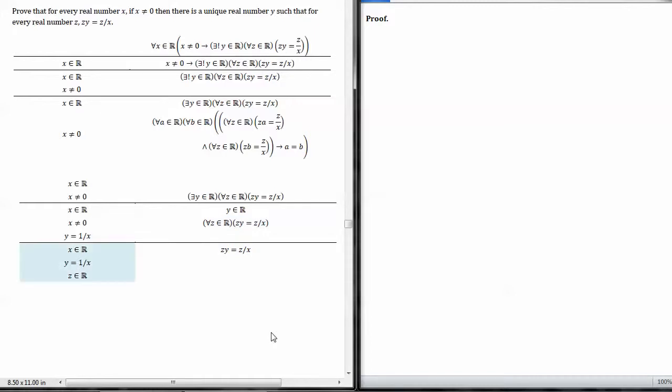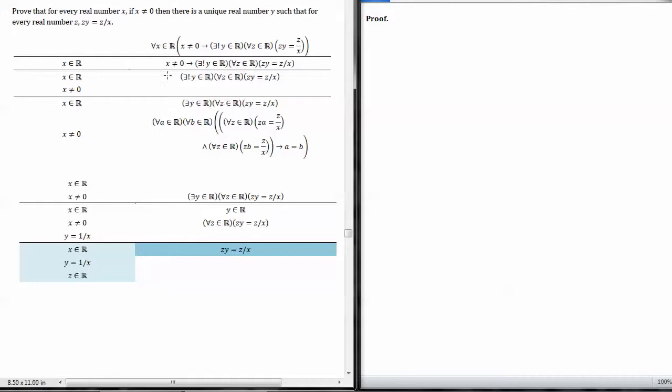And we're done with that, because if y is 1 over x, then we can replace the y here by 1 over x, and we get that this is true. So that takes care of existence. Let's pause that work and write up what we have so far.